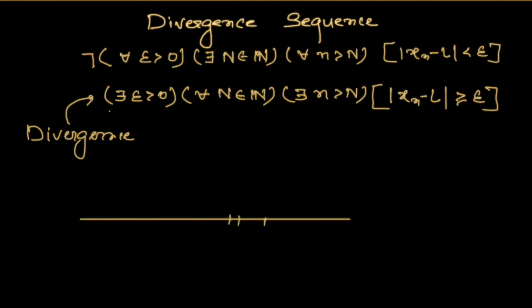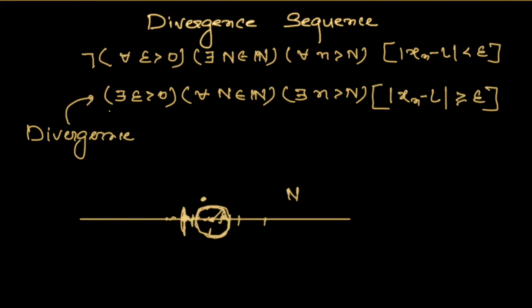Suppose we have many terms of the sequence and this is our L. You have to find an epsilon, small enough, such that no matter what natural number you pick, you will always find a natural number n such that the term after this, somewhere here or here, is outside this ball.